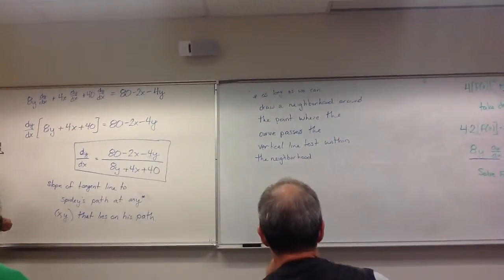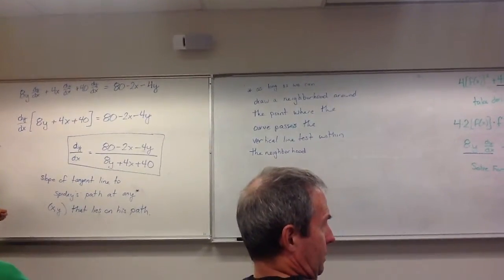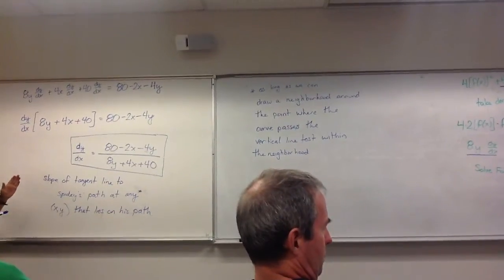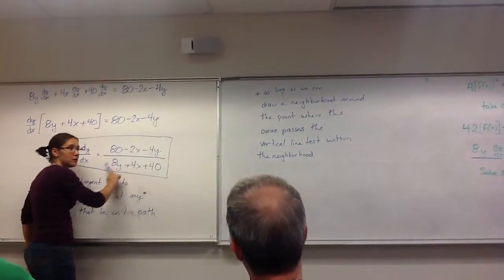Just out of curiosity, if they did want you to figure out what it was at the point where it's vertical, how would you end up doing it? Because there is an answer for it, right? Well, our slope would be vertical, which would indicate very likely that this denominator would be equal to 0.